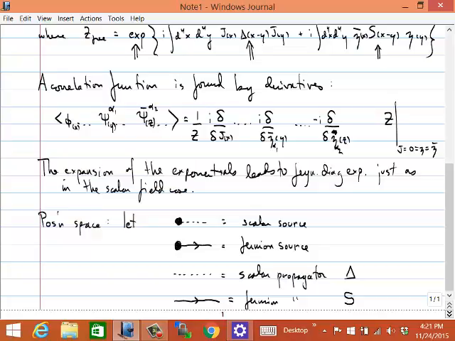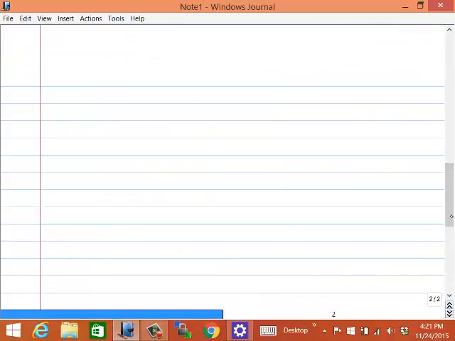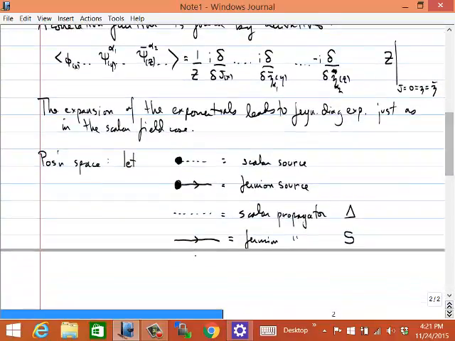Now, a couple comments are in order. The first comment is that we have a charge flow arrow, also sometimes called a particle flow arrow, to signify which direction charge flows in a diagram or in some sort of process. So, for example, remember that the psi particles have positive charge, and the psi operator has a positive charge because it either creates a particle with positive charge or removes an antiparticle with negative charge.